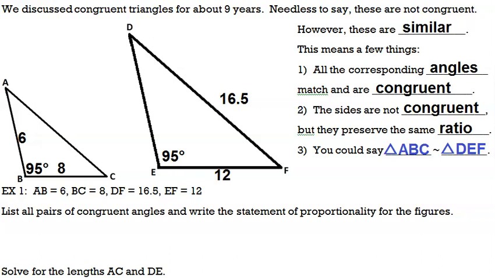Step 1, list all pairs of congruent angles and write the statement of proportionality for the figures. So, as I said before, the angles are congruent to each other.